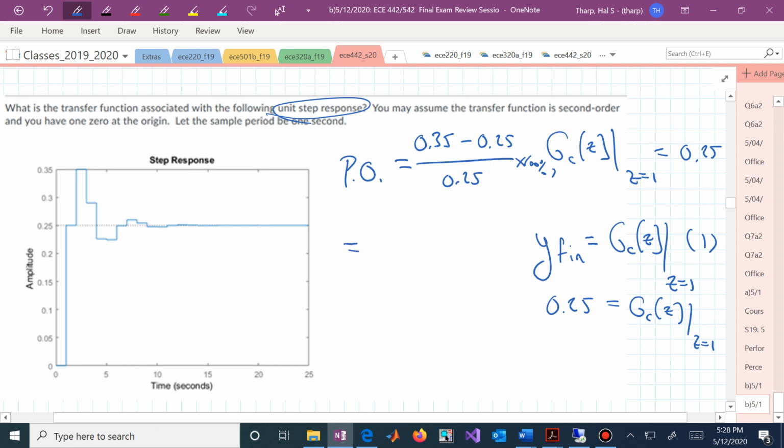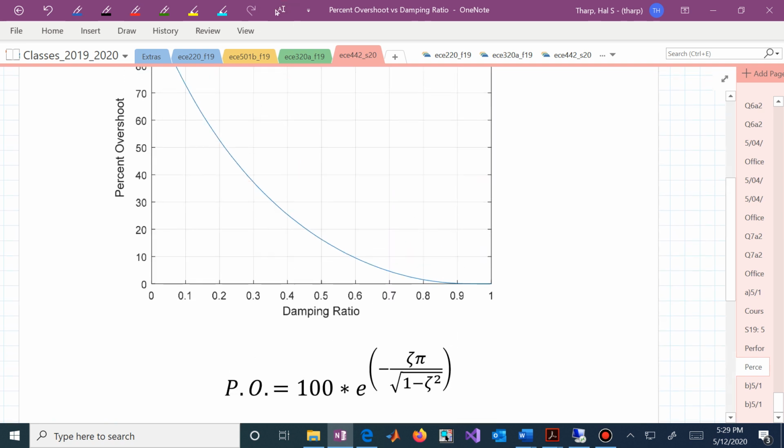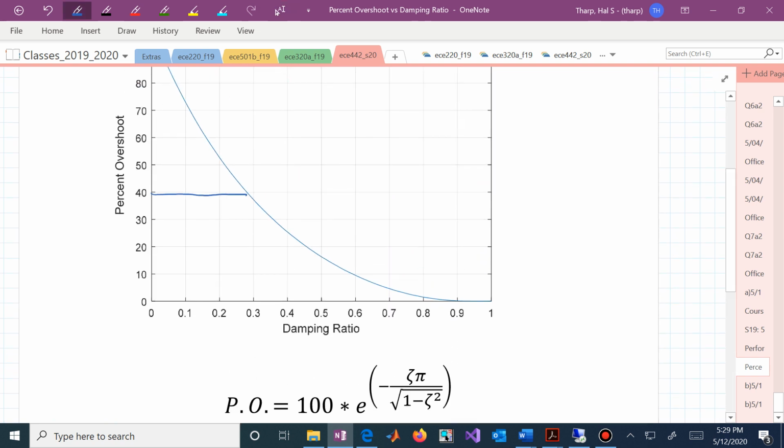That gives us 0.1 over 0.25, or 10 over 25, or 2 5ths over 5 5ths, or that's now 40%. You can include that throughout and see that our percent overshoot is 40%. Now we could say, oh, we have a 40% overshoot.